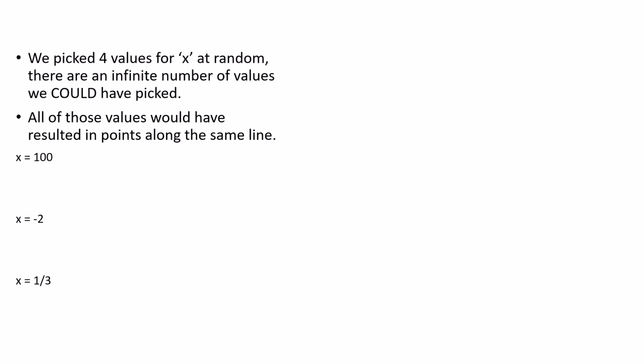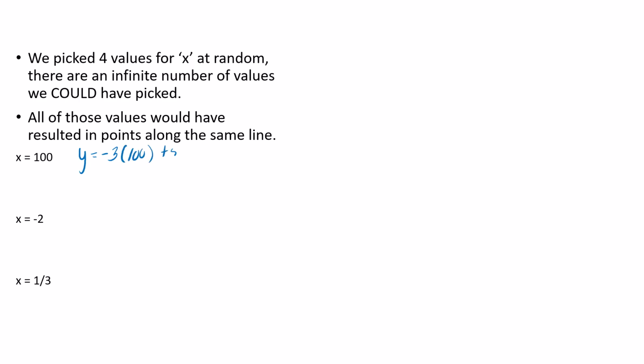Now, we picked 4 values for x sort of at random. I just started at 0 and counted, but there are an infinite number of values that we could have picked. So like I said, you can pick anything you want. All of those values would have resulted in points along the same line. So let's say you just feel extra bold and you want to pick a really big value for x.